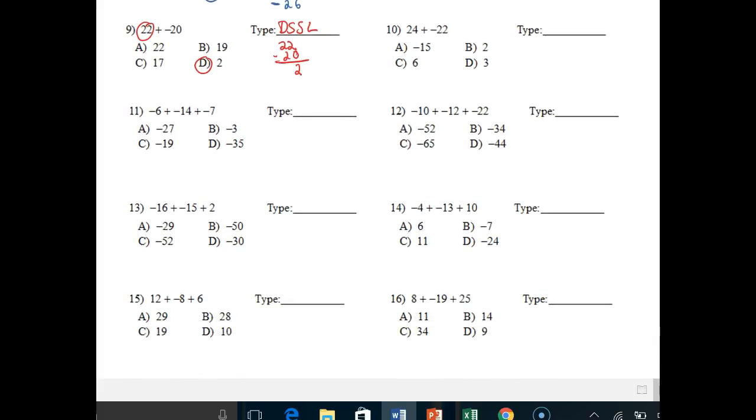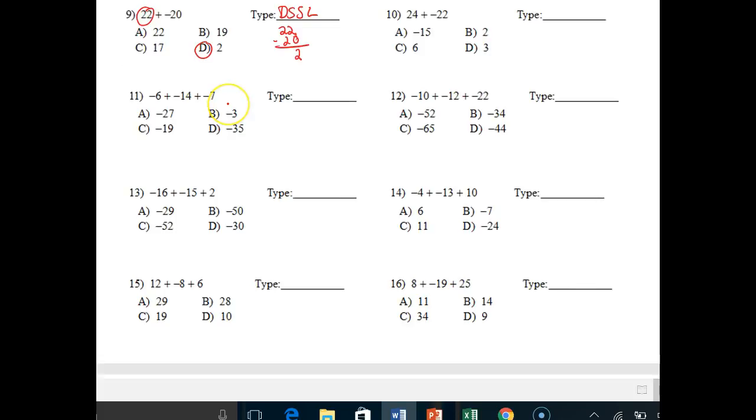On problems 11 through 16, you'll notice you have 3 numbers. This will change the type of problem that you have. So focus on it very clearly. Use the commutative property of addition to move numbers around. So for instance, in this one, I have nothing but negatives, right? They are all the same sign. So SSAK.